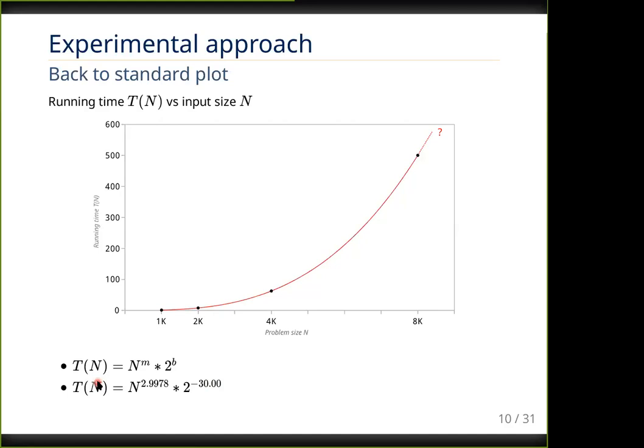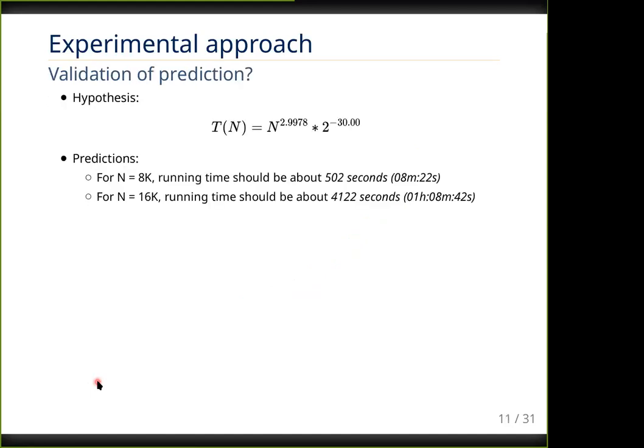So let's try it actually. That's our equation. N is the input size. T of n is the predicted running time. How much time does it take to run the program on this input size?